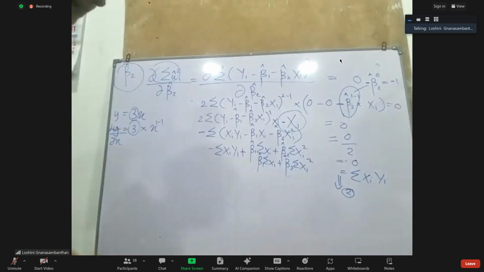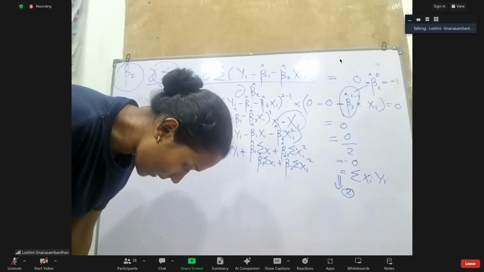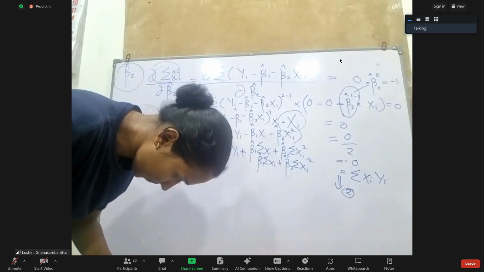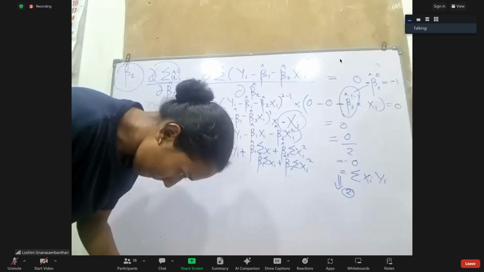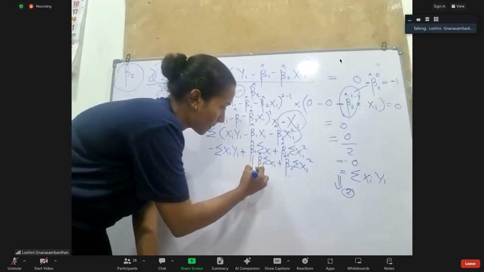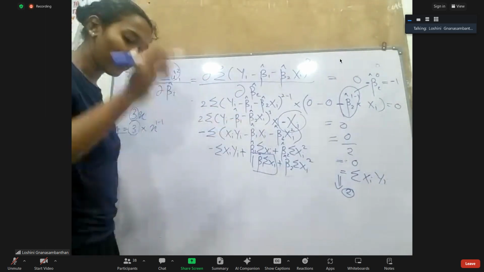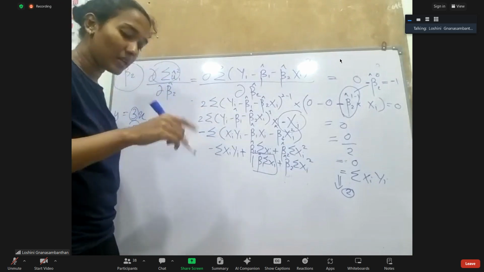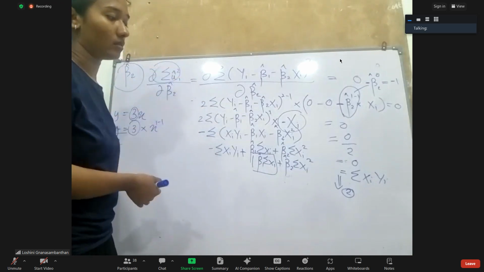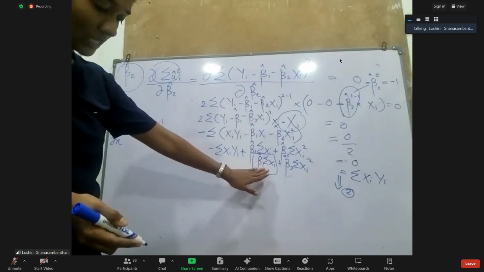So what we can do here is that beta 1 hat sigma xi in the second equation, and in the first equation, the first part is n beta 1 hat, right? So you can equate these to each other.